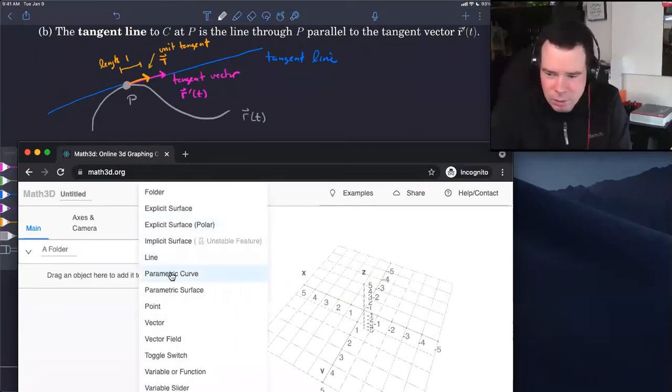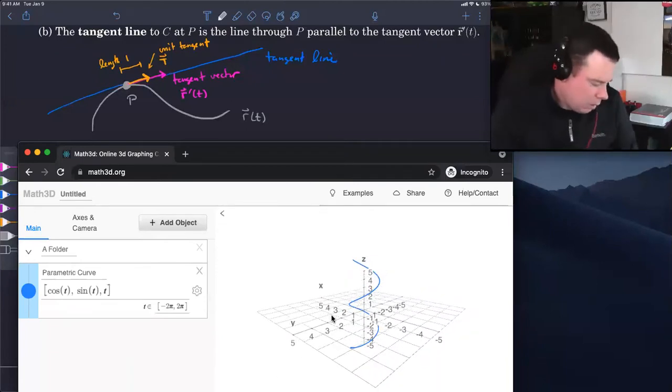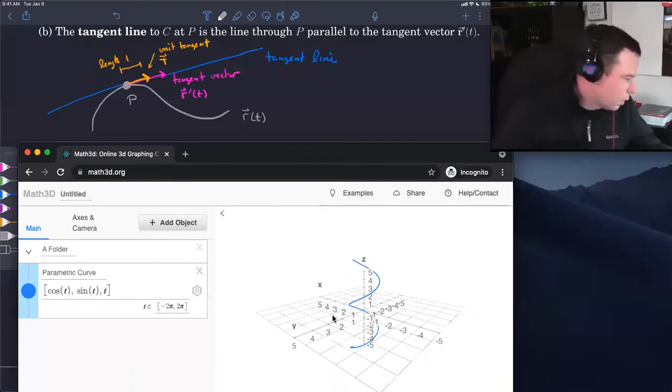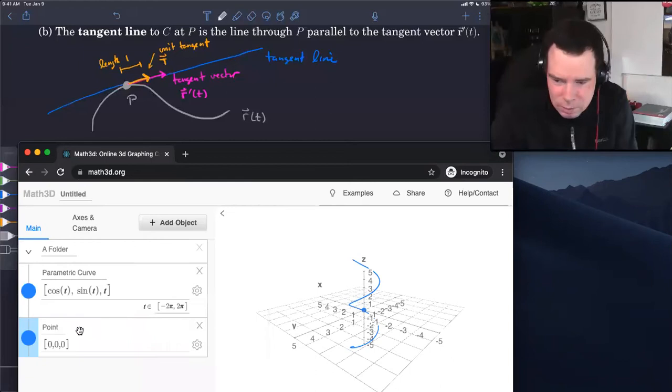So we're going to graph the parameterized curve just to get a picture. So here's our helix. And the question is asking us to find the tangent line to the helix at the point -1, 0, pi. So I'm going to add a point: -1, 0, and pi. So there's our point on our helix.